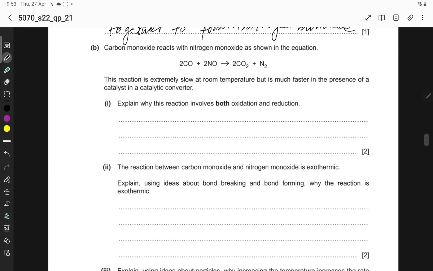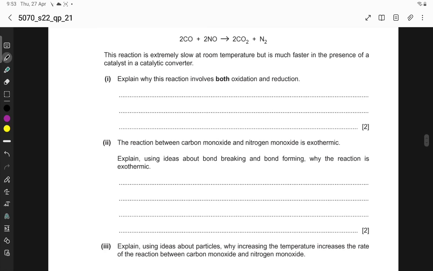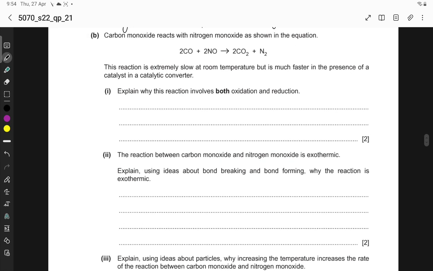Carbon monoxide reacts with nitrogen monoxide as shown in the equation. The reaction is extremely slow at room temperature but is much faster in the presence of catalyst. Explain why this reaction involves both oxidation and reduction.